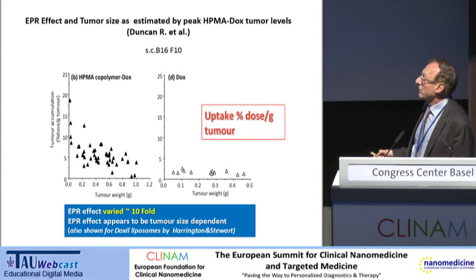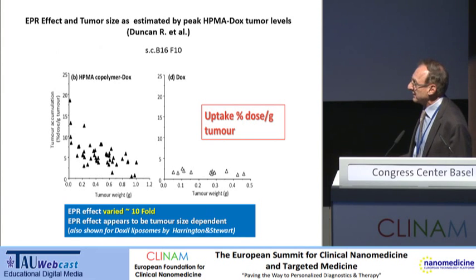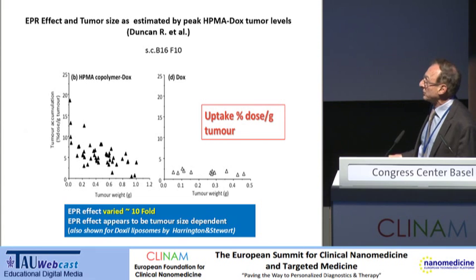There is also another important effect that has to do with the tumor size dependence, and this has been shown for polymers and for liposomes. When the tumor increases in size, the concentration that you achieve with your nanoparticle or your nanomedicine goes down.